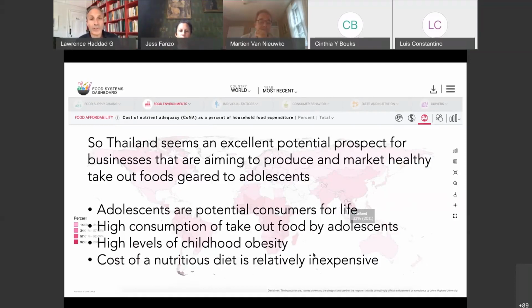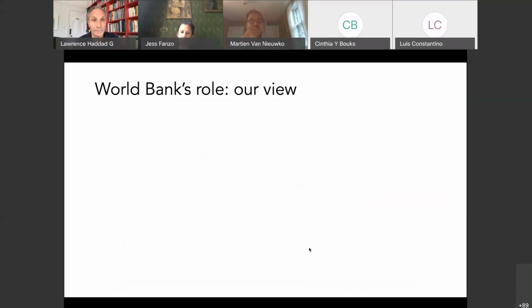They have high consumption of takeout food, but high levels of childhood obesity. So there's a public health priority here. Families are worried about this issue. Cost doesn't seem to be a big constraint to the purchase of healthy diets. And so here's a space to produce something that is fast food geared towards adolescents, but is actually healthier than the options they have at the moment.